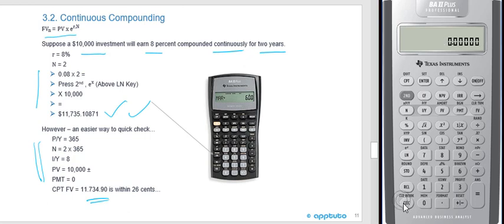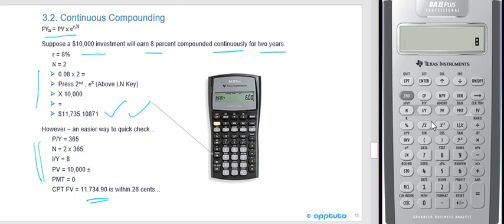Okay, so as I said here, a quick way to check, just a reality check, is that if I just ran it using 365 again, so second P/Y, 365 daily, enter. So I know that N is going to be 2 years times 365, so it's going to be 730 because it's for 2 years.